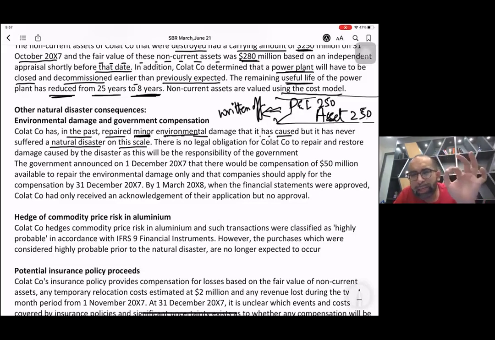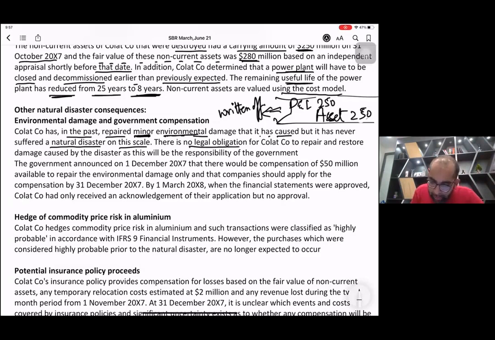So this minor damage can't create a valid expectation. I'm talking about constructive obligation, I'm sure you guys know this. But this type of natural disaster is a first time event. So no past history of such an event with us. So no constructive obligation now.